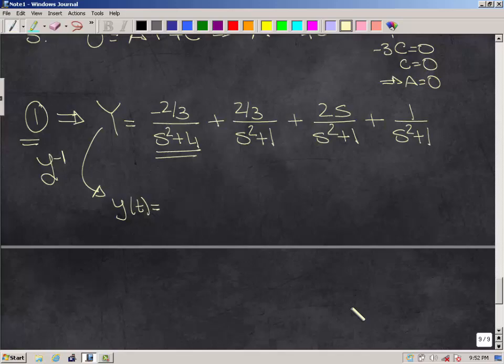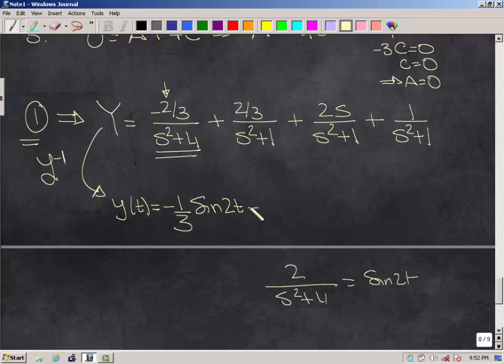So to be sine, keep in mind what has to happen. If you have S squared plus 4, I need a 2 on top for this to be sine of 2t. I have that 2 already present here, so I can just take that 1/3 out, and you'll end up with 2 over S squared plus 4, so that'll give you sine of 2t.